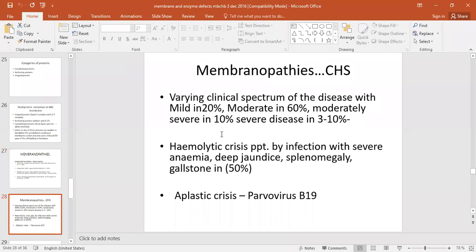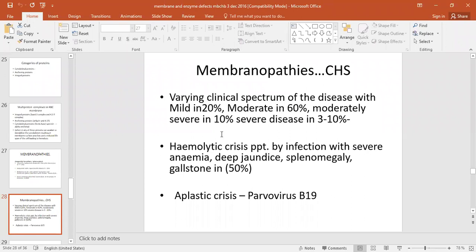Now, in terms of the clinical presentation and spectrum, there is a variation from mild, moderate, and severe cases, and of course, majority of the cases with this congenital hereditary spherocytosis tend to present moderately. Majority are actually moderate presenters with hemolysis.